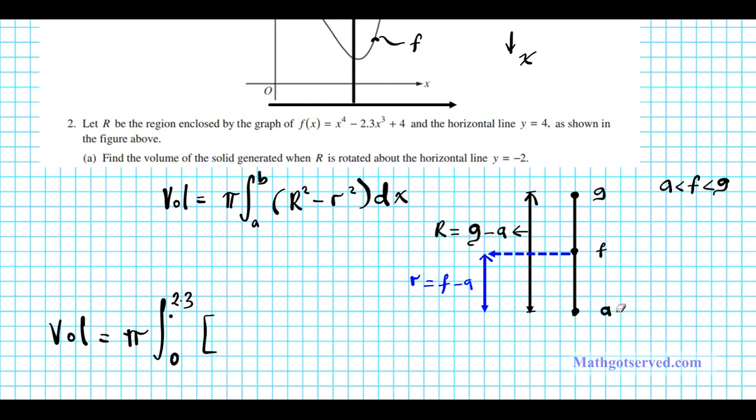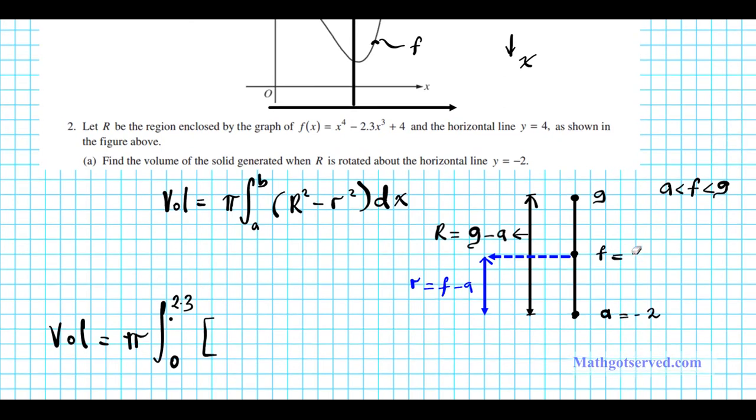We know that A is -2, right? F is that long function right there, x to the 4th minus 2.3 x to the 3rd plus 4, and G is equal to 4.